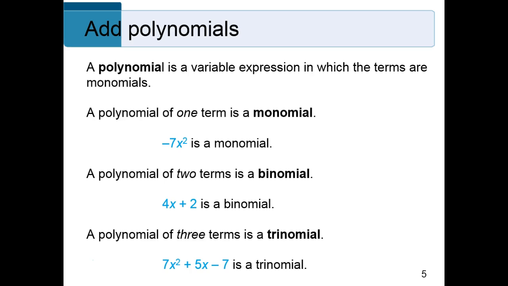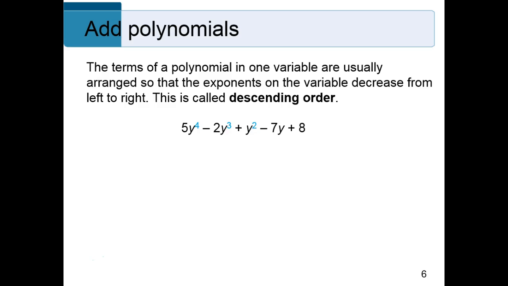Many terms, the terms can be numbers, variables, and powers, as long as the powers are positive whole numbers, and you can divide by numbers but not by variables. Okay. So far we haven't added a thing, have we? Okay. So this is adding polynomials.